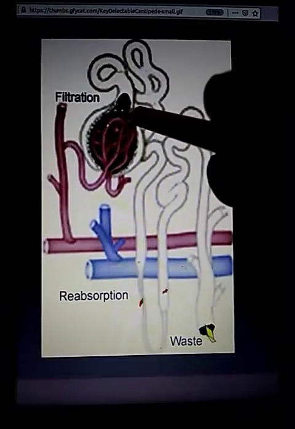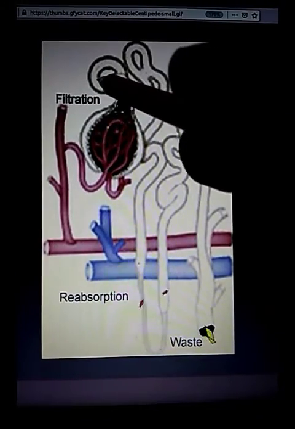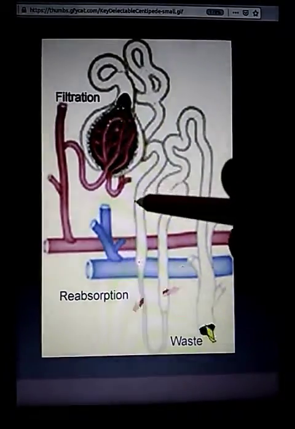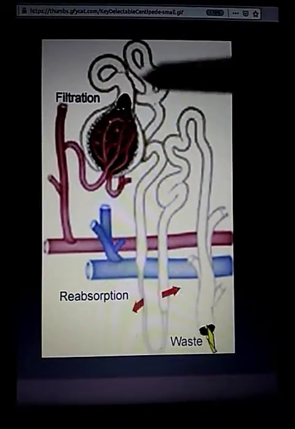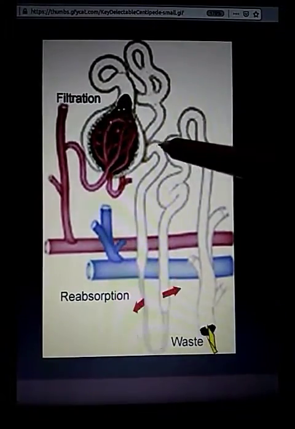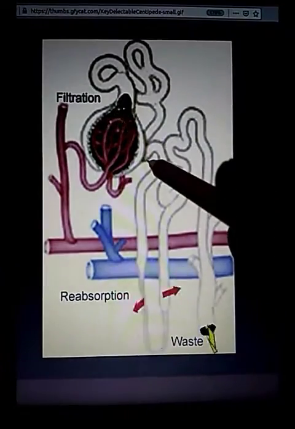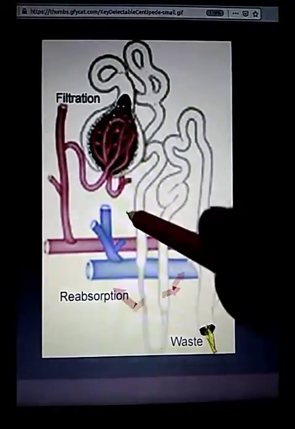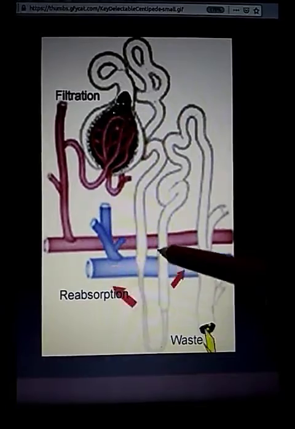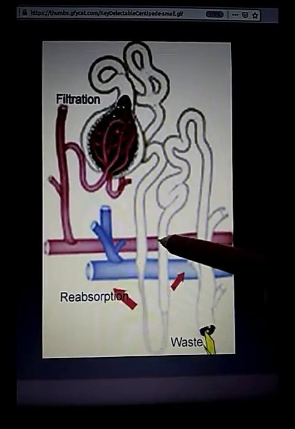From the Bowman's capsule, you can see that there is a tube arising and descending downwards. That part of the tube is known as PCT, proximal convoluted tubule. The proximal convoluted tubule then descends and forms a loop. This loop is known as Henle's loop.